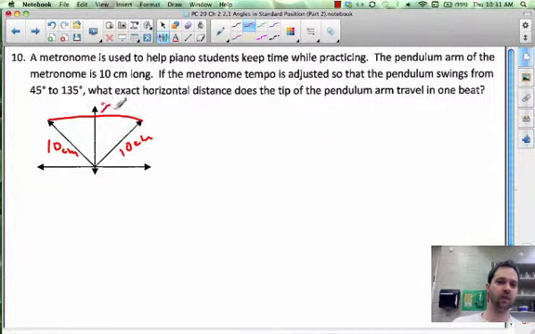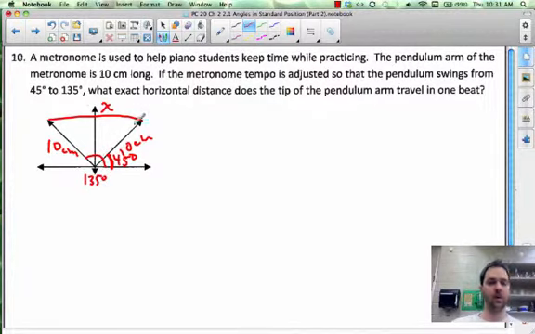So this is the distance we're looking for, and it goes from 45 degrees, which is this angle, to 135, which will be this big angle that goes all the way from here to here. Okay, so that's 135.